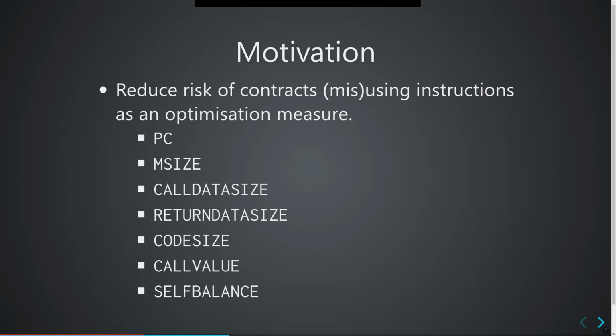Here is a list of some instructions that contracts might use in order to achieve that. But the main risk here is that these instructions might change in the future in a way that it is not guaranteed that it always is going to return the expected 0 value.